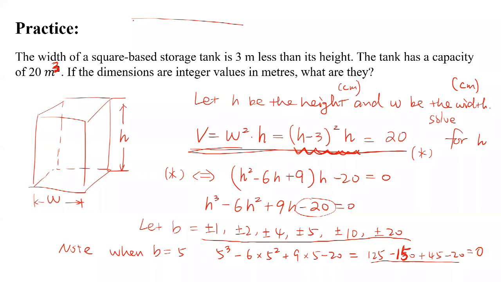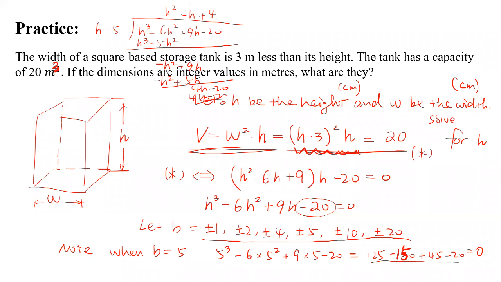So in order to find the other factor, we need to perform a long division, right? Okay, so the other factor is h squared minus h plus 4.